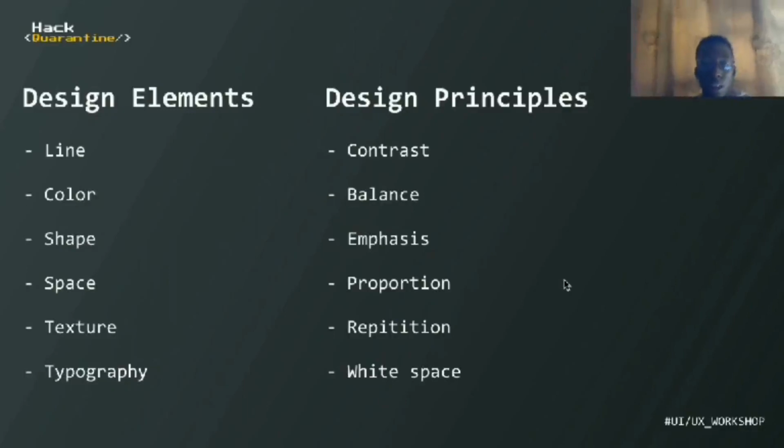Emphasis. Sometimes you want to get the attention of your user to some particular element of your design or a particular side of your design. For instance, you visit a site or you see a blog post. Emphasis is usually laid on the title of the post because they want to get your attention to the title.